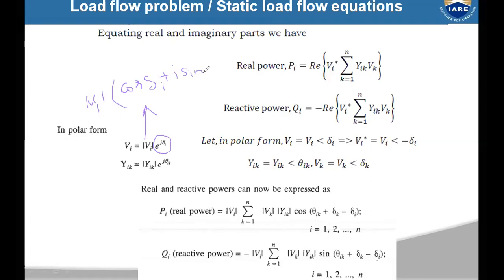So Vi is equal to magnitude of Vi e power j delta i, which can be written as cos delta i plus j sin delta i. In a similar way, Yik is equal to magnitude of Yik e power j theta ik, which can be written as cos theta ik plus j sin theta ik.